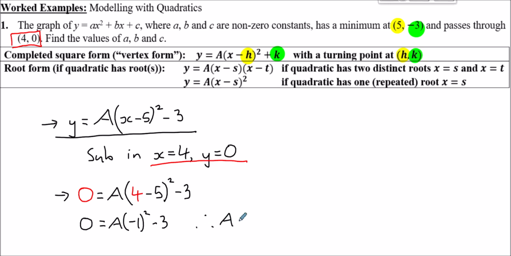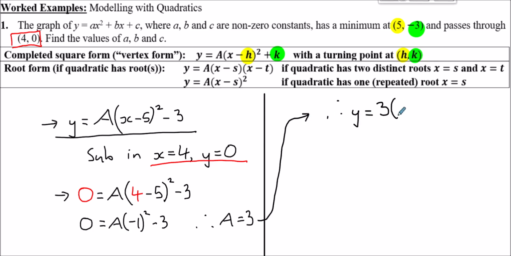So therefore a equals 3. Just going to give myself a bit more space. So because a equals 3, we therefore have that y must equal 3 lots of (x minus 5) all squared minus 3, because we've worked out now that a is 3, so we can just swap out the a with the value of a. So that's the equation, or one equation at least, of this quadratic curve.